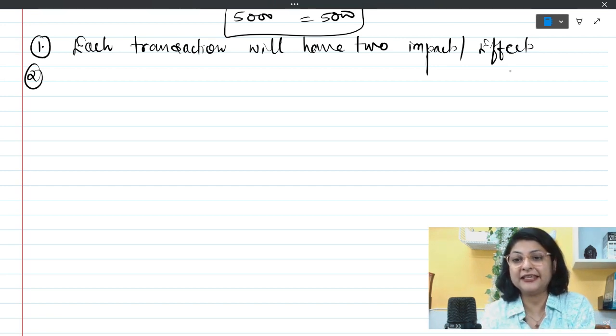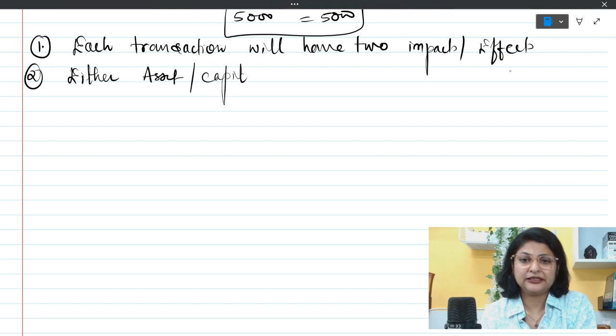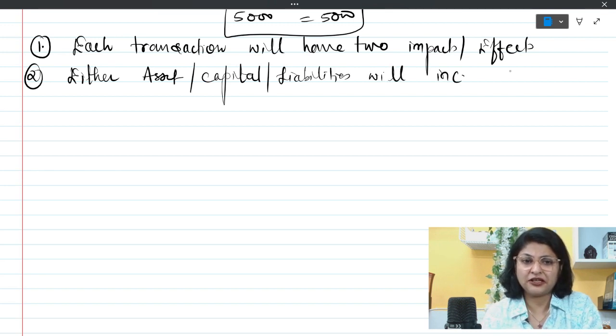So we will write either asset, capital, or liabilities will increase or decrease.